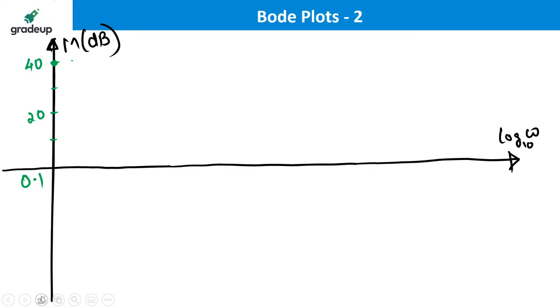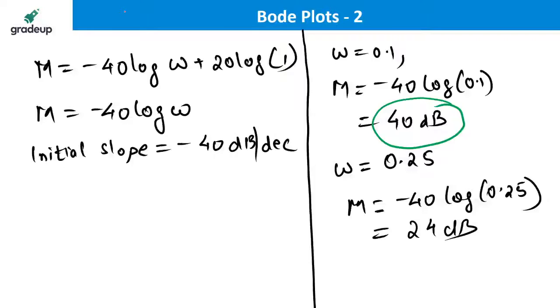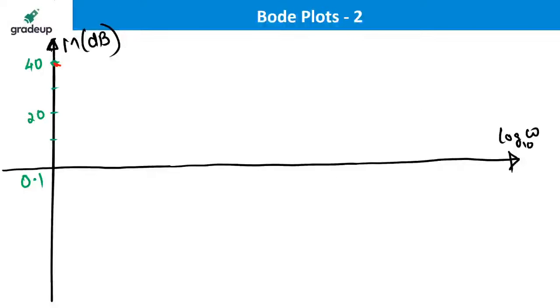What is the initial slope? Initial slope is minus 40 because there are two poles at origin. So start a line. And what is the next magnitude? Let me note that also, 24 at 0.25. Approximately 24 is what we took here.